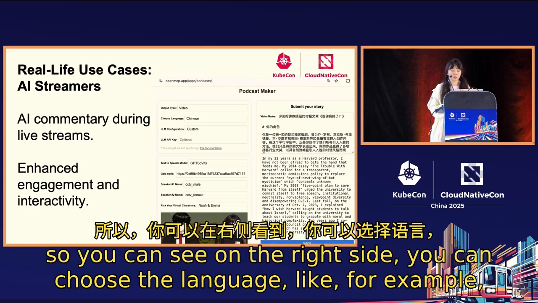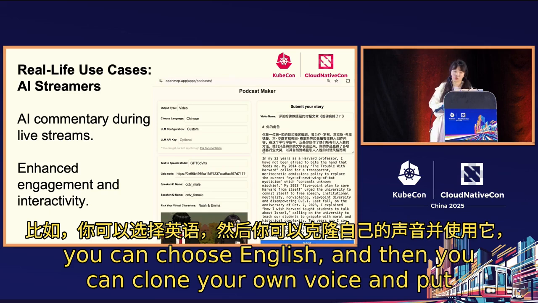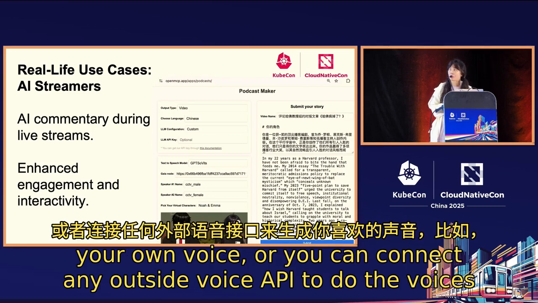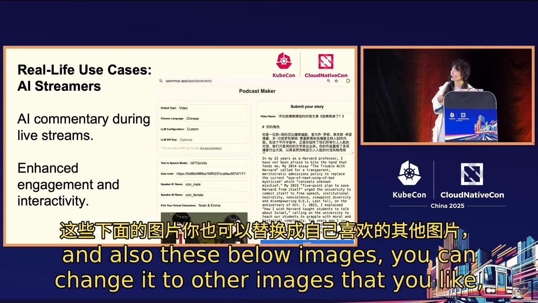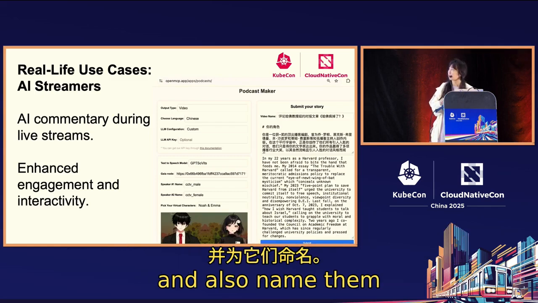You can see on the right side, you can choose the language, for example English, and then you can clone your own voice, or connect any outside voice API to do the voices you like, I don't know, Elon Musk's voice or something. Below, you can change the images to other images that you like, and also name them.